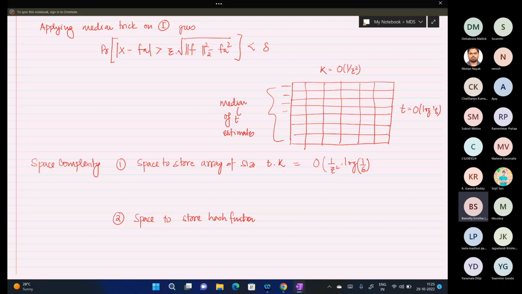How much space do we require to store that value? For example, in this cell, what is the number that we may have to store?